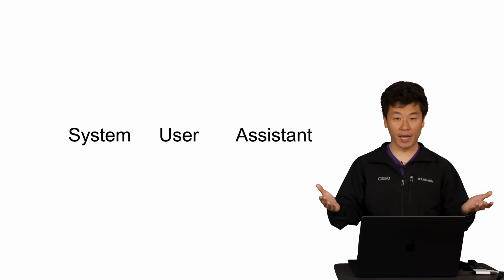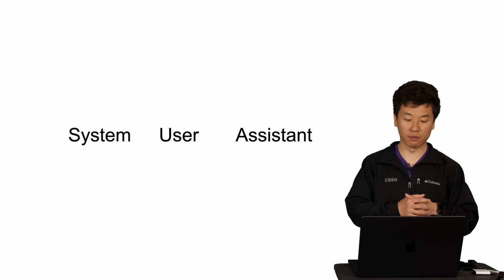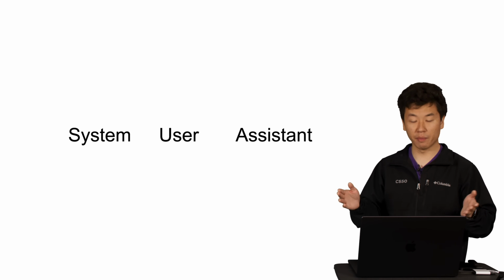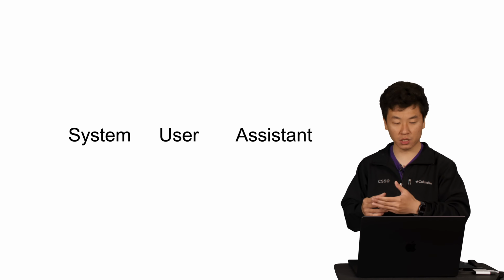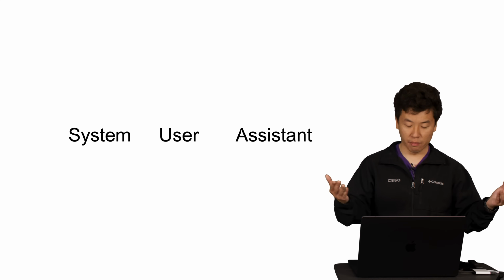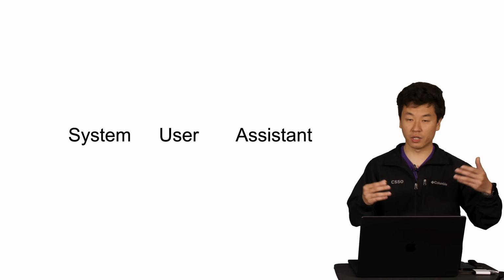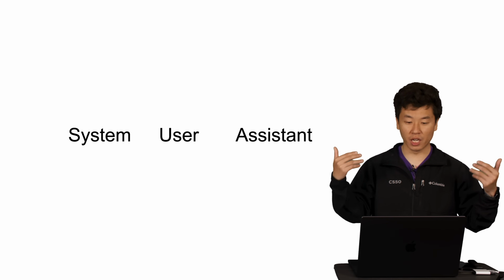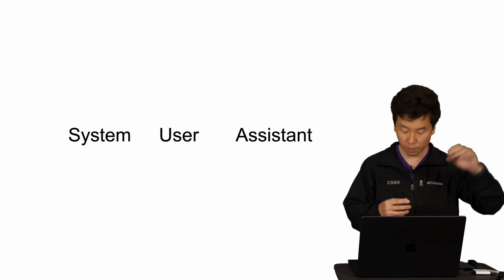And when dealing with AI systems nowadays, you are likely to need to deal with 3 roles during implementation. There's a system role, there's a user, and there's an assistant. System, which David already mentioned a little bit, often refers to the system prompt or the general guideline you give to the LLM. That's called the system role.